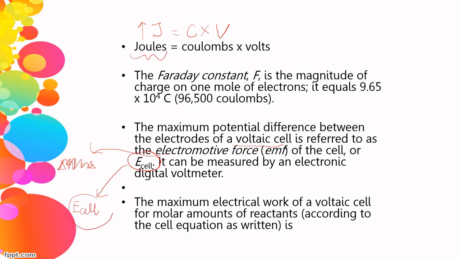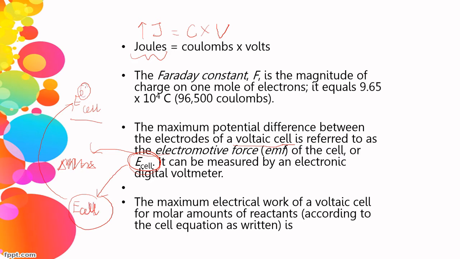This is not the standard one. The one that we calculated before is the standard E naught cell, when you have this kind of symbol. But when we want to calculate the potential difference in a voltaic cell, we use this symbol, which is E cell without the naught.